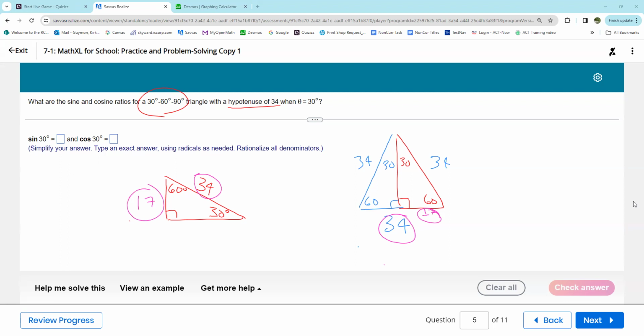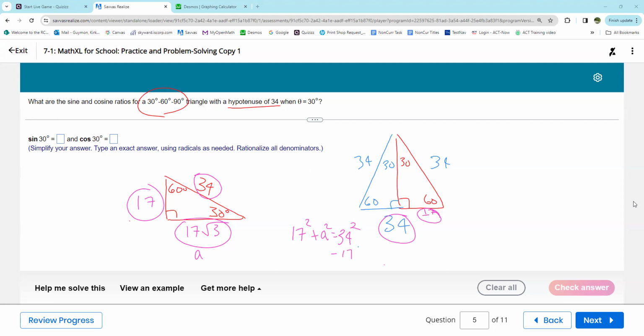And then if we followed through with the Pythagorean theorem, or if you learned the shortcut that we did in class, the longer leg is the short leg times the square root of 3. Otherwise, set it up, do the Pythagorean theorem: 17 squared plus, I'll call this a, squared equals 34 squared.